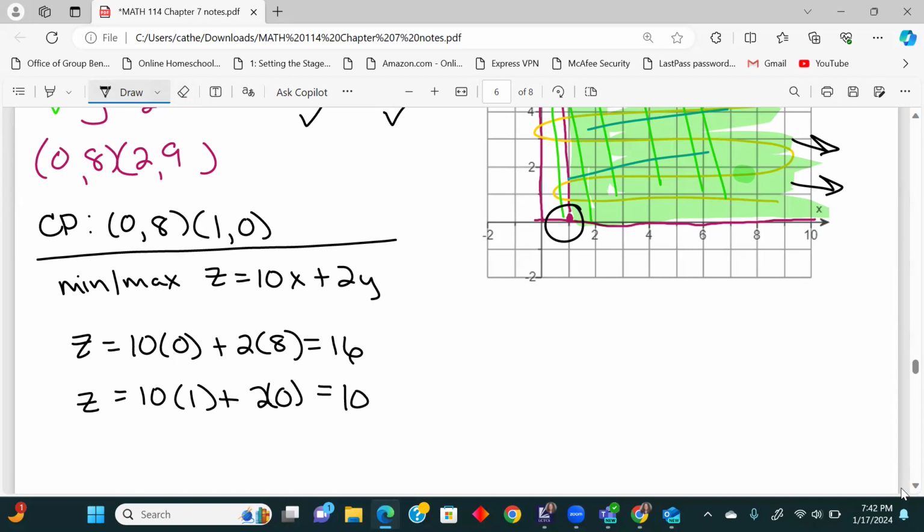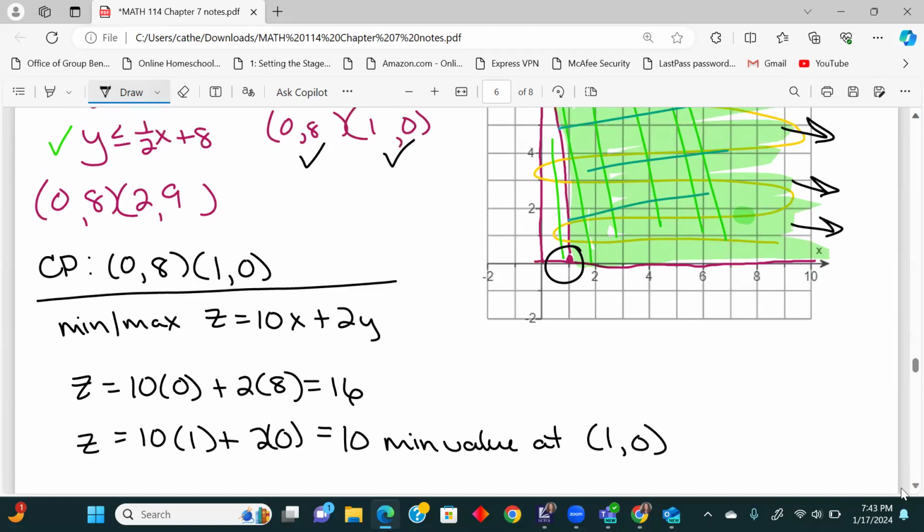All right. So this is our min value. And that is at the point 1, 0. Okay. So that's the smallest value.